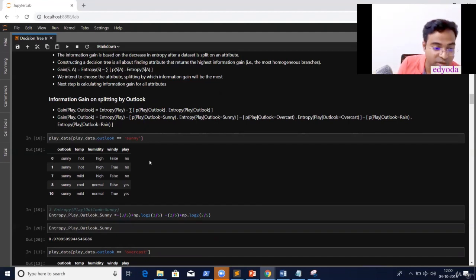Let's now try to do this mathematically. For sunny, this was the number of rows which match sunny here, and in this data we can see there are 3 no's and 2 yes. So we need to calculate this value.